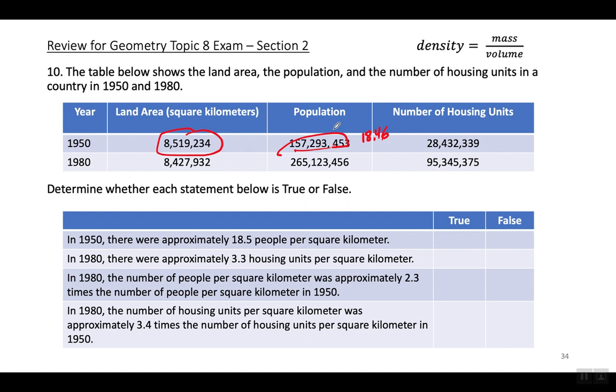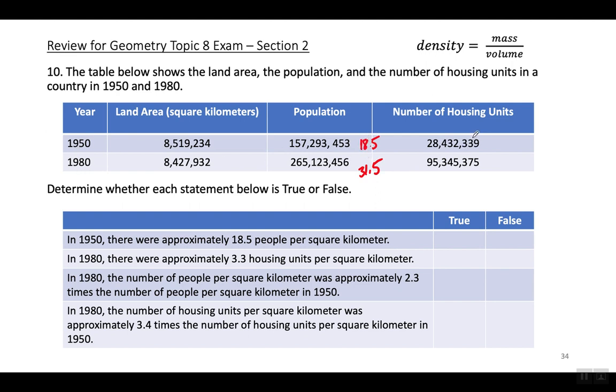Let me do the same thing for 1980: 265,123,456 divided by 8,427,932, and it gives me 31.5. Let me just change this into 18.5 and 31.5. This is the population density for each of these years.